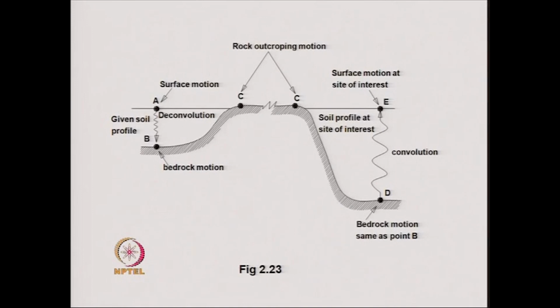Now this is explained with the help of a particular problem here. In place of the ground time history records, we consider that there is a site over here and there are 3 stations where the data have been collected, and at these 3 stations the epicentral distance is given and the shear wave velocities are given.